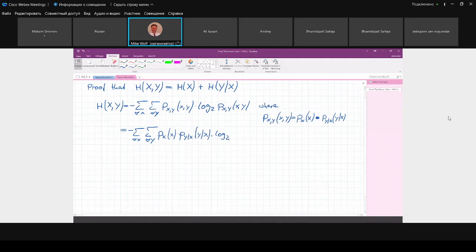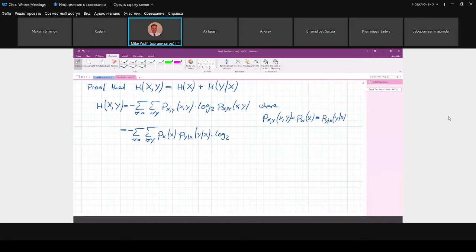If I insert this product in the dual logarithm, the mouse doesn't work well, can you see the cursor? This is the joint probability, and now I substitute it by this product. So what happens here with the dual logarithm? What can I do?